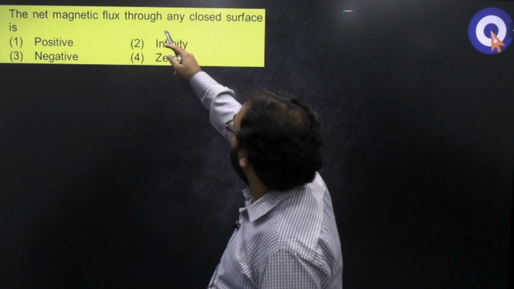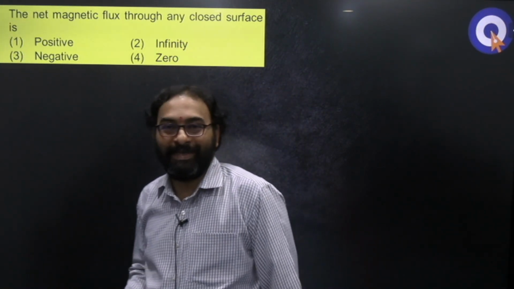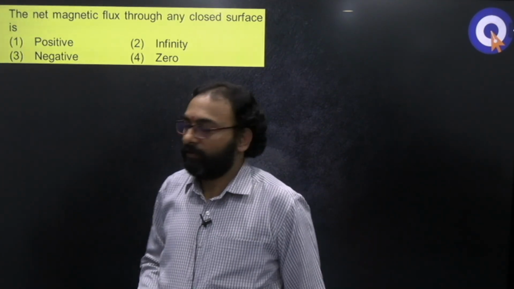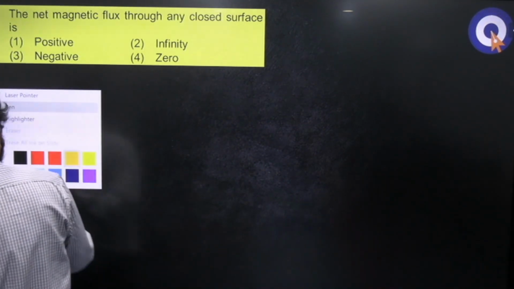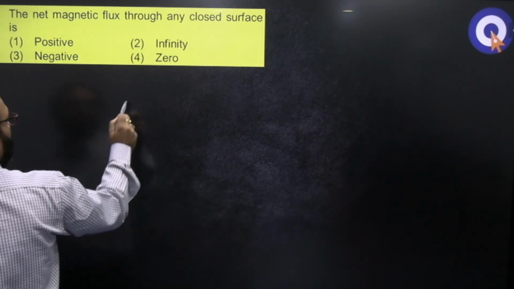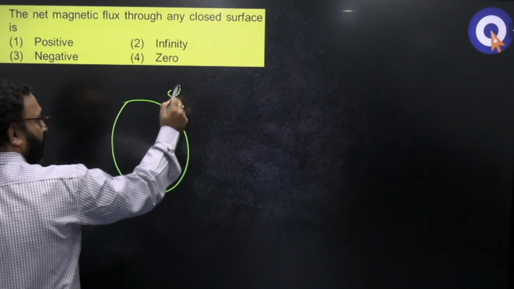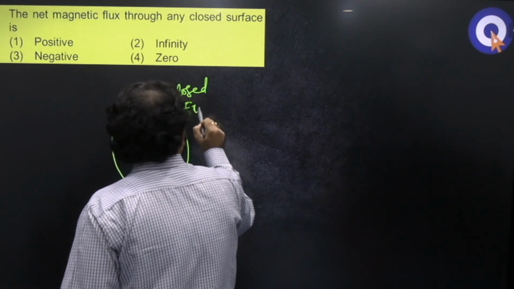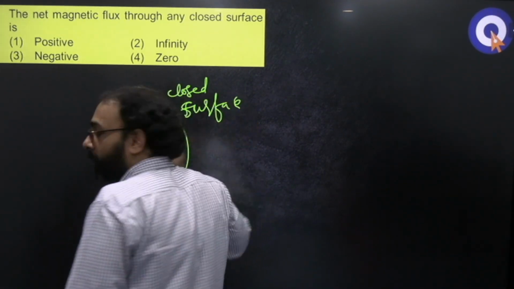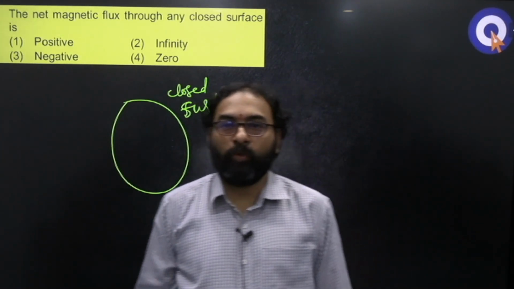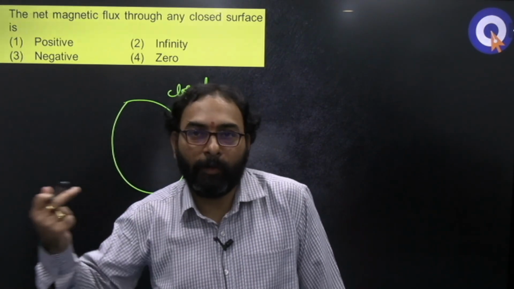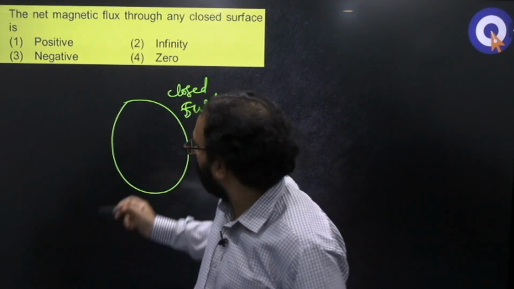The net magnetic flux through any closed surface is, so let us calculate. If we consider a closed surface, then do remember everybody, for a closed surface the magnetic lines of force form closed loops.